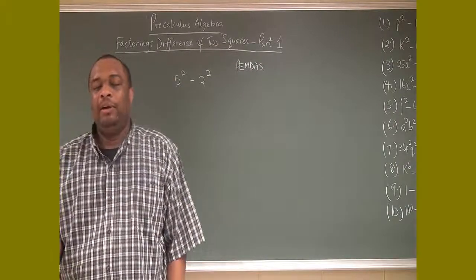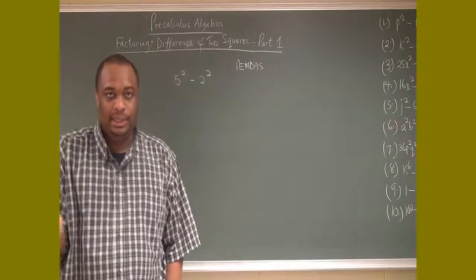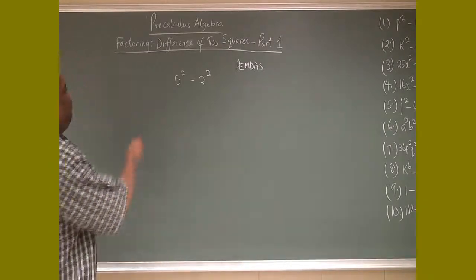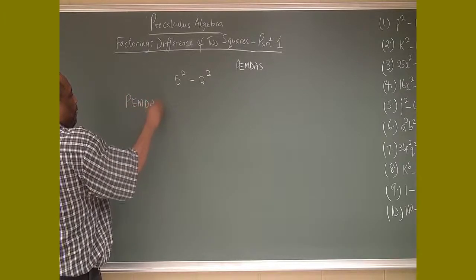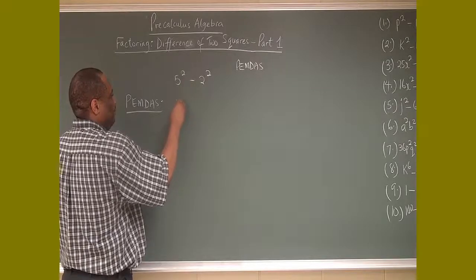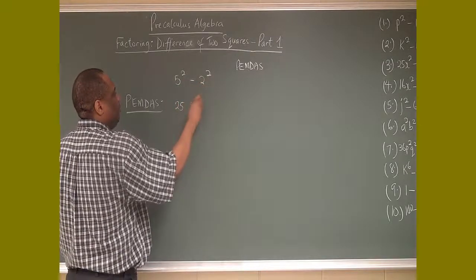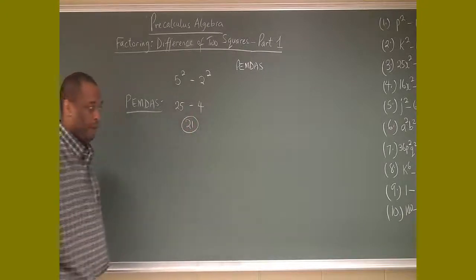So it comes to your mind that this is exponents, and this is correct. If we use PEMDAS here, the exponent 5 squared is 25, minus 2 squared is 4. And what do you have? 21.